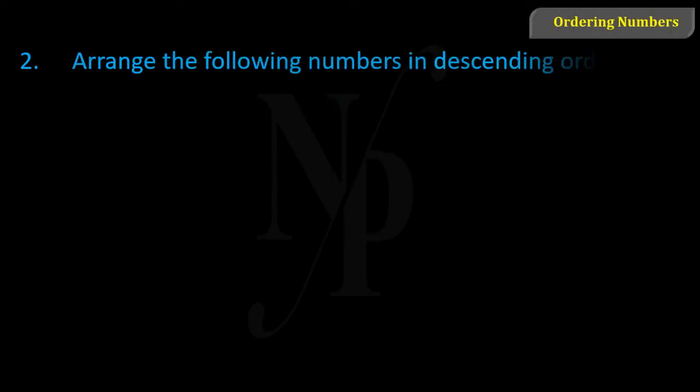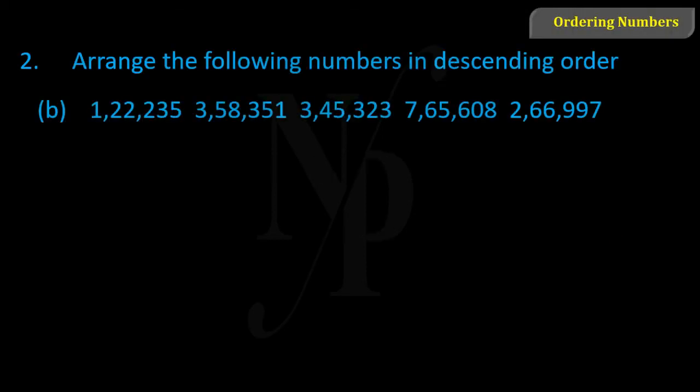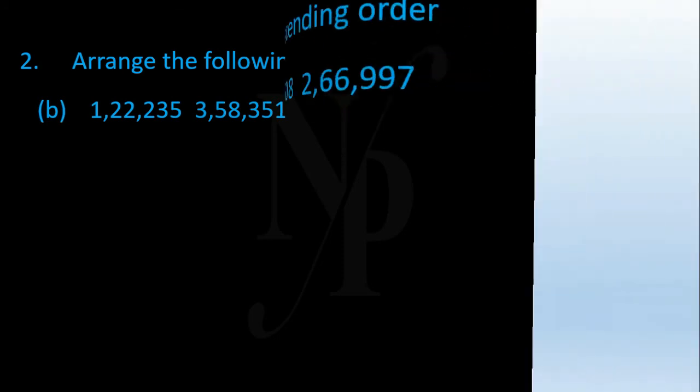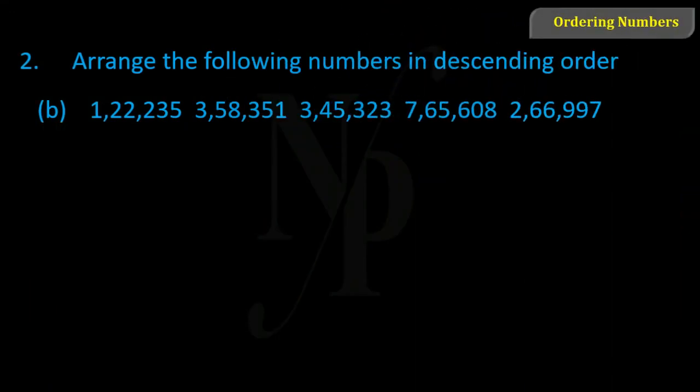Let us take one more example for arranging the given numbers in descending order. As the solution of this, let us compare the given numbers here. So in lakhs place we have 1 here. In the first number we have 3 here, again 3 here, 7 here, 2 here.